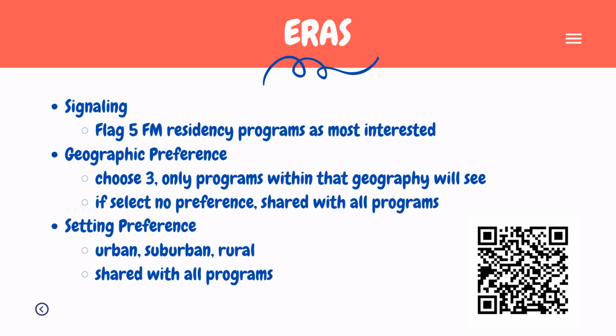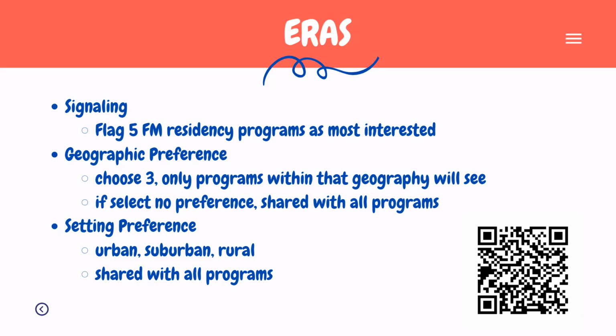Okay, I have a question about this. I heard some pretty confusing ideas. It sounded like if you say no preference, everyone sees that you have no preference. But if you do have a preference, let's say your preference was the Northeast and you applied to a California school, the California school can see that you did not check no preference.